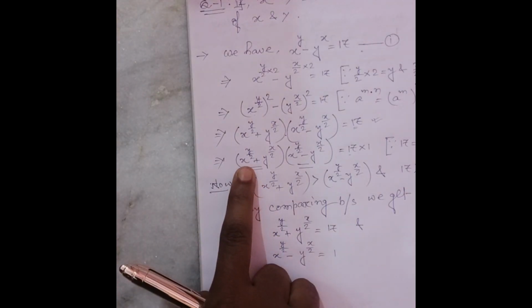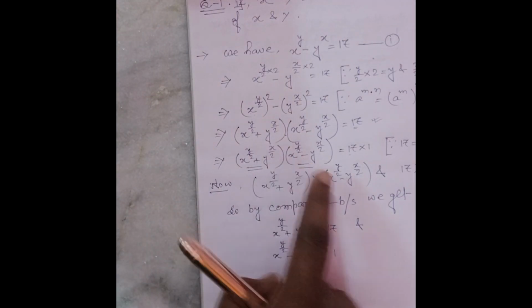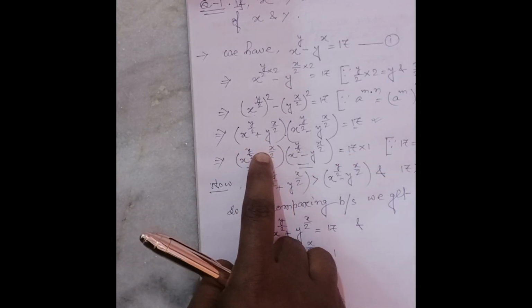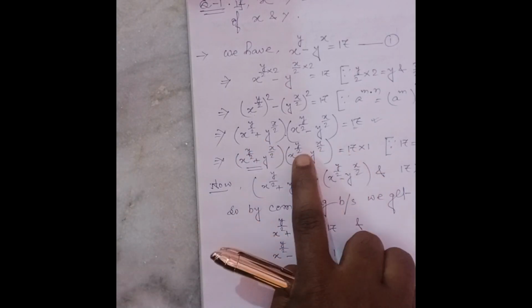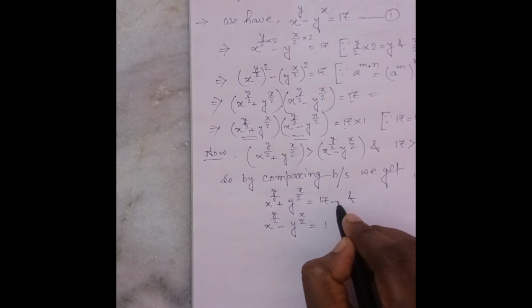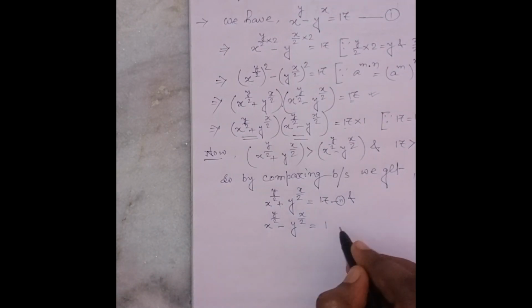Since this term is greater than this term and 17 is greater than 1, this term is equal to 17 and this term is equal to 1 by comparing. Is that clear? We just name it as equation number 2 and this as equation number 3.